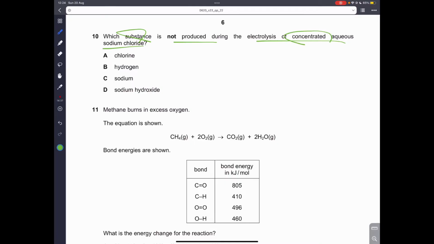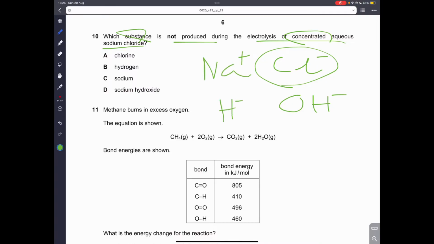Concentrated means the chloride ions are going to be really concentrated. They will be selectively discharged over the hydroxyl group or the hydroxide group. So there will be Na plus, H plus, OH minus, Cl minus. H plus is going to get selectively discharged over the Na, and chloride ions are going to get selectively discharged over the hydroxide group.